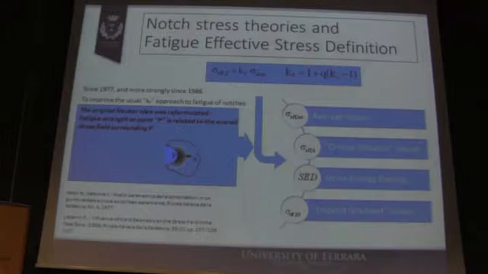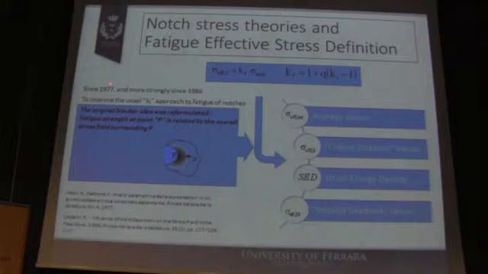For instance, dealing with the fatigue effective stress definition for the fatigue stress assessment at the notches, you know that the usual approach is to obtain the strength reduction factor by the knowledge of the stress concentration factor.